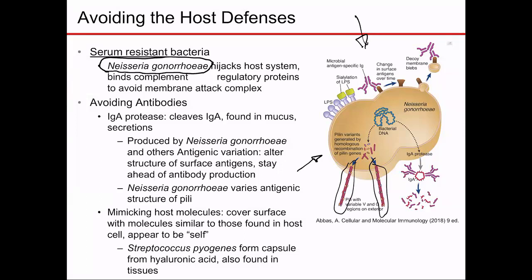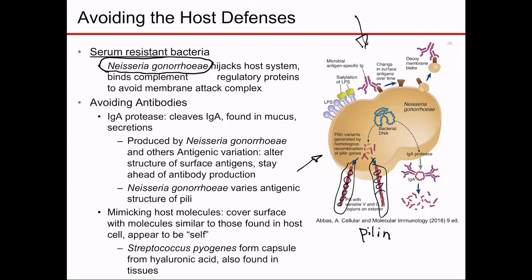The major antigen of the pili is a protein that we call pilin. And the genes that code for pilin in this bacteria undergo extensive gene conversion, in a way that the bacterium can produce up to 1 million antigenically distinct pilin molecules. So that means that this pilin, represented here in these tiny dots, can be changed constantly.